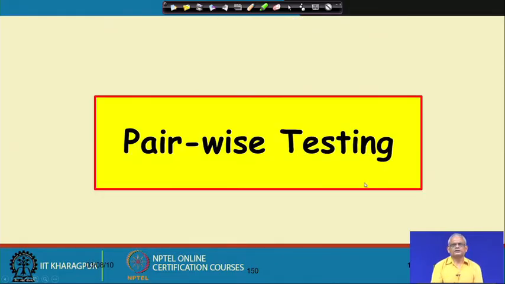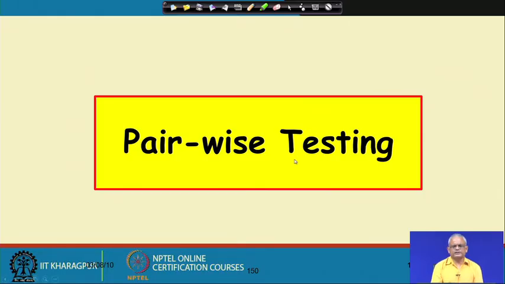Now, let us discuss how to reduce the number of test cases, because in some situations where the input data are too many, input conditions are too many, the number of test cases increases exponentially, and that can become a very large number, billions or trillions of test cases, and it becomes impossible to test the software, even though we are able to design the test cases using decision table based testing.